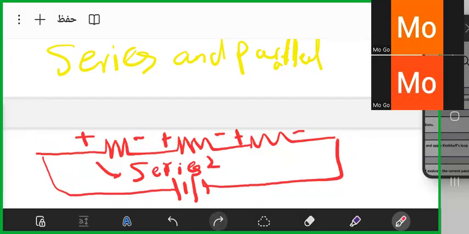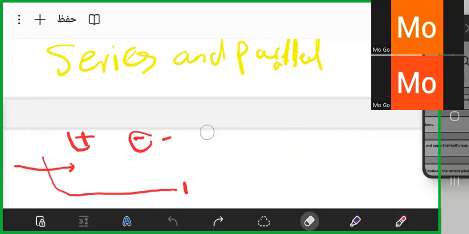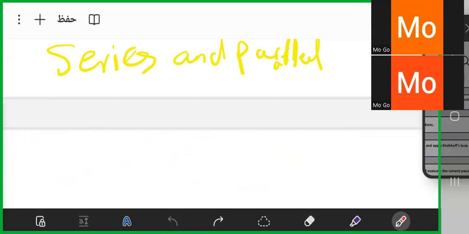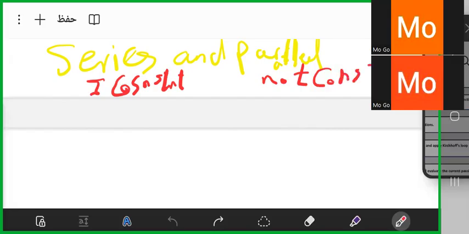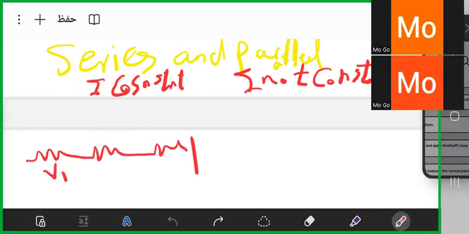So in connection in series and connection in parallel, we can see one good thing. Connected in series, the current I is constant. Here, it was not constant. Also, in series, the voltage is divided: V1, V2, V3. Why? It changes in that one.